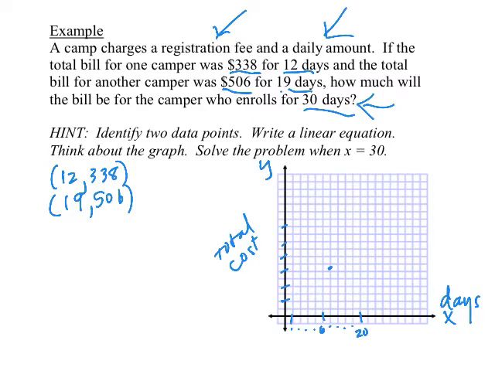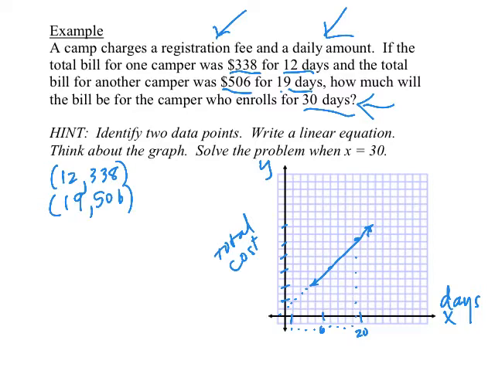And then 19 days, which is right there, and that's $500. 1, 2, 3, 4, 5. So we have these 2 points. And if we expect it to be linear, then that continues. You can kind of see there might be a y-intercept down here. That would get us our registration fee, and our daily amount is going to be our slope.